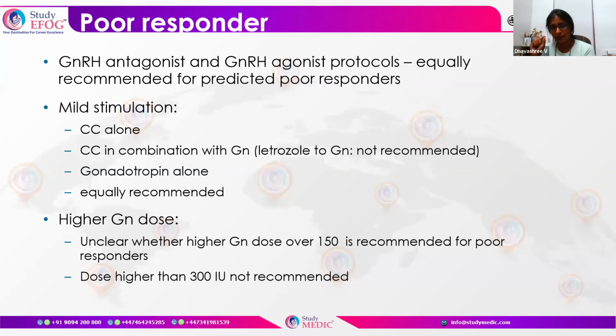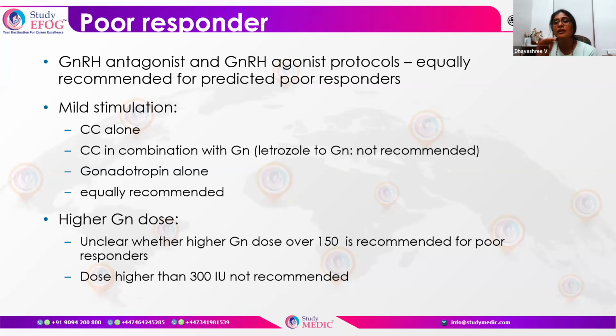For poor responders, the other stimulation protocols can be mild stimulation with only CC. It can be combined with gonadotrophins, or gonadotrophins alone at a low dose can be used. Even if you use a higher dose thinking that these women will respond, generally, Dhavashree says it is unclear whether doses over 150 international units are recommended for poor responders.